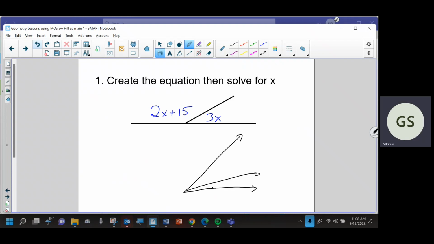What's true about those angles in that top figure? Hopefully somebody got the equation right. I said create an equation and solve for it. I want you to tell me what is true, and if you can, tell me the equation you should have created.